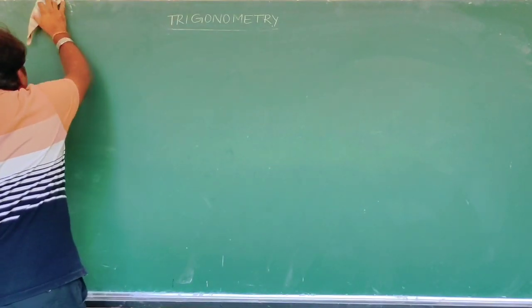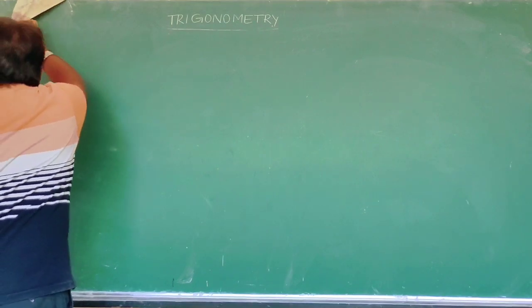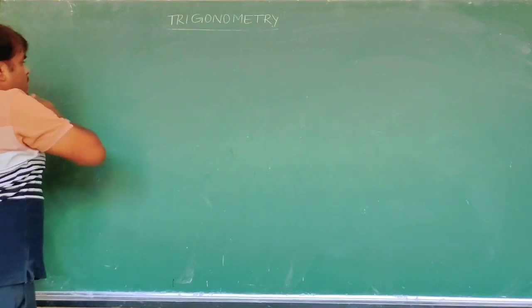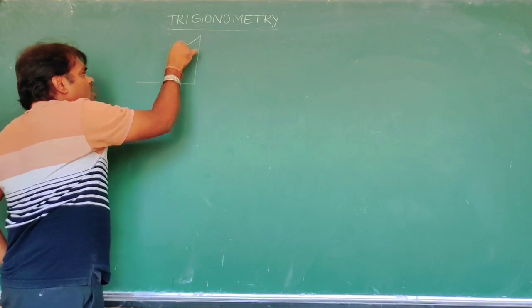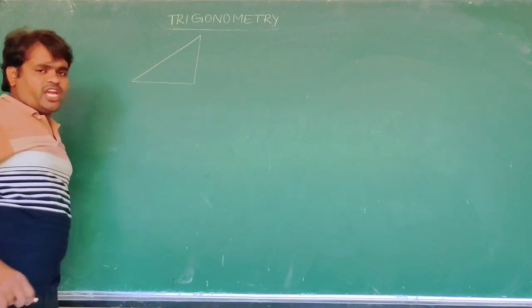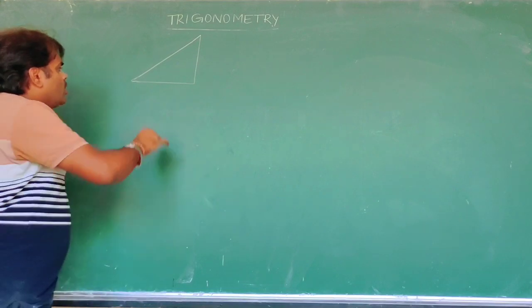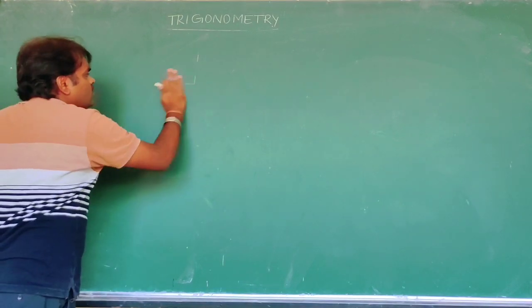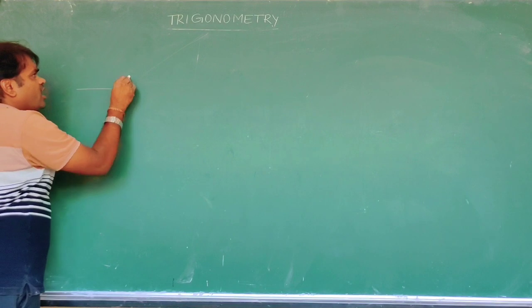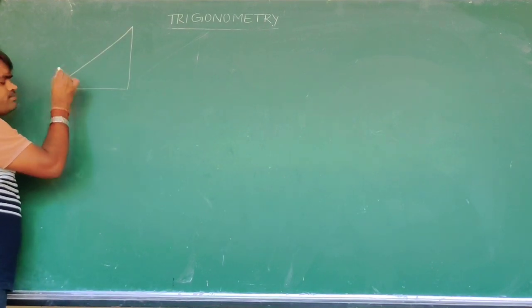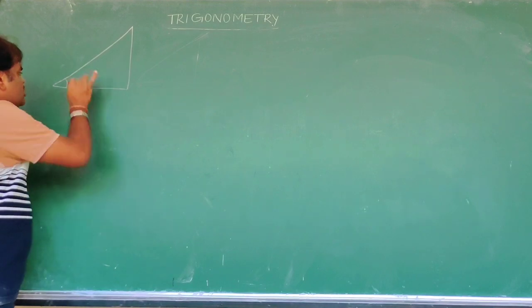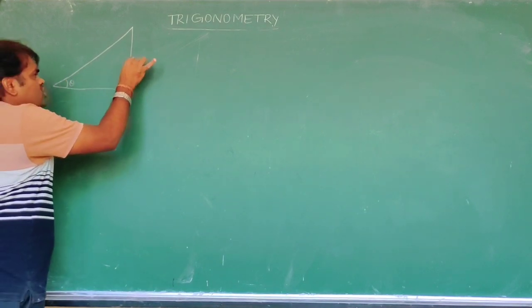Now let us understand about the triangle, the right angle triangle. This is the right angled triangle. Now here is theta. The side opposite to the angle is the opposite side.